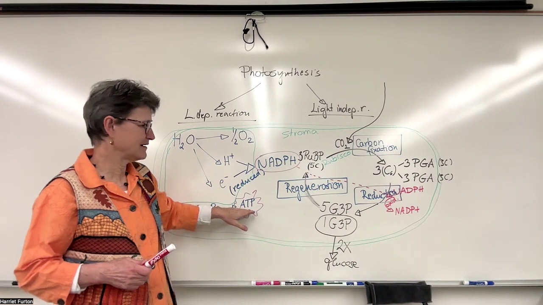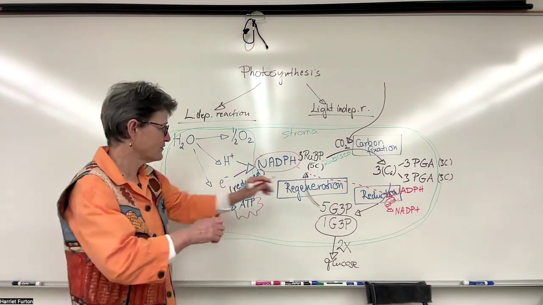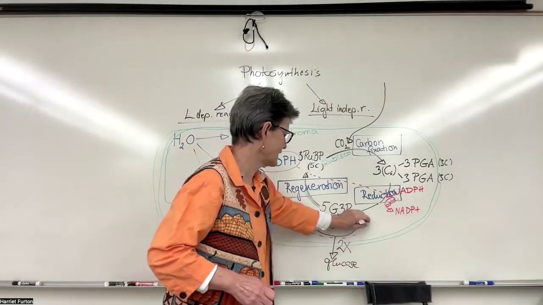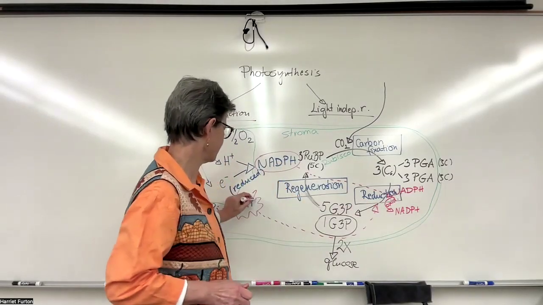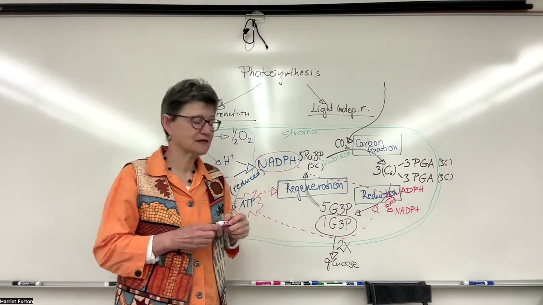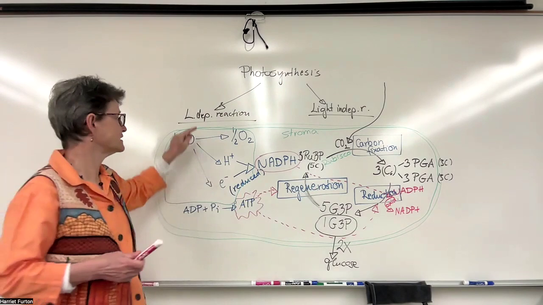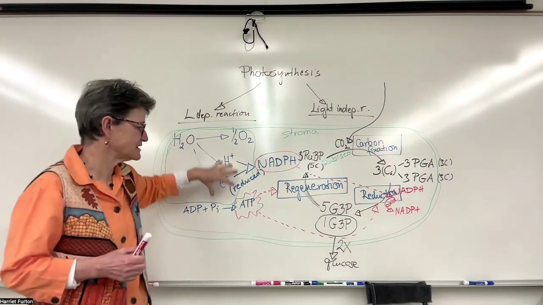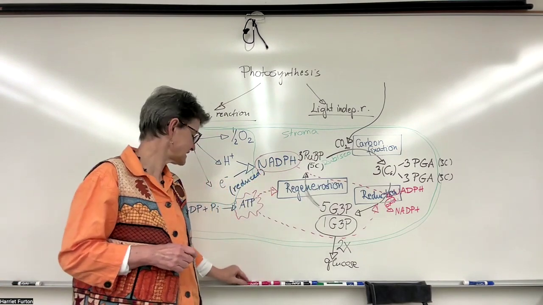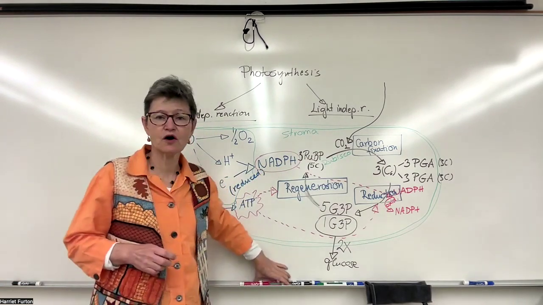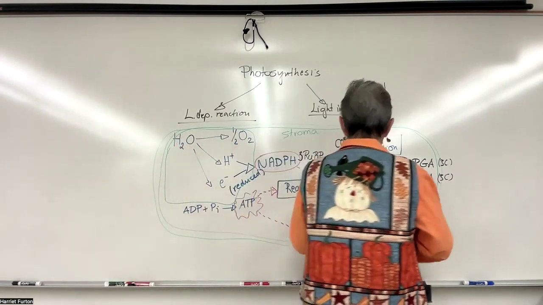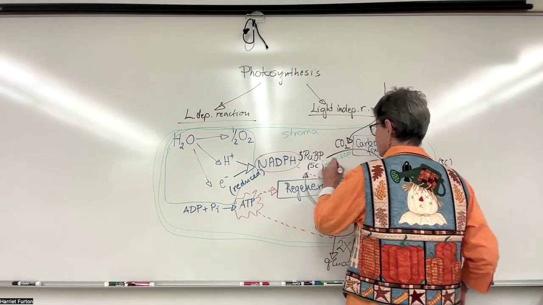We left this out, the ATP, for that reduction reaction. ATP helps, and for that regeneration, ATP helps. So the ATP production in the light-dependent reaction is going to be used in this cycle. That cycle is also called the Calvin cycle.